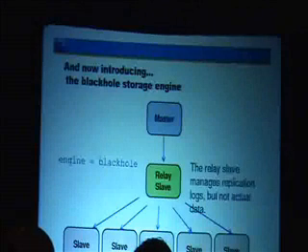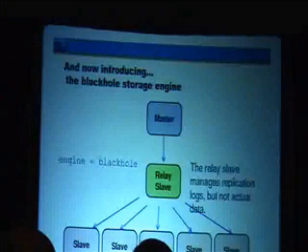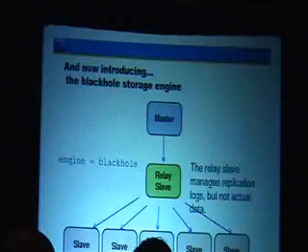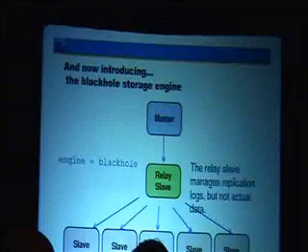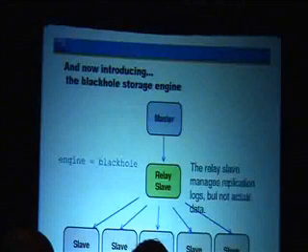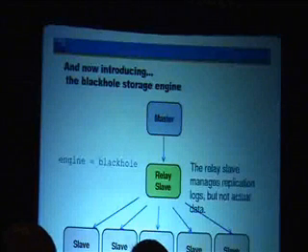So changes on the master go to the slave. The slave applies all the changes to the black hole table, which effectively doesn't do anything. And then it replicates the statement or the row further on to the slave. That means you have a relay slave where you don't have any real tables, you have no storage for the tables at all. But you still get it to replicate as if you had tables there.